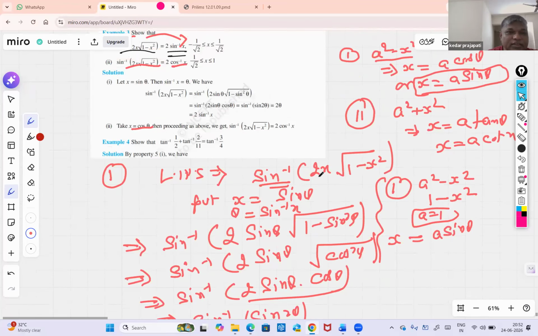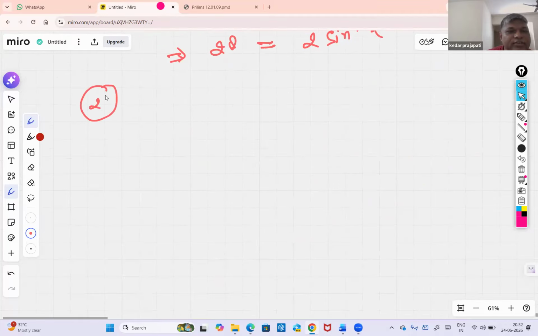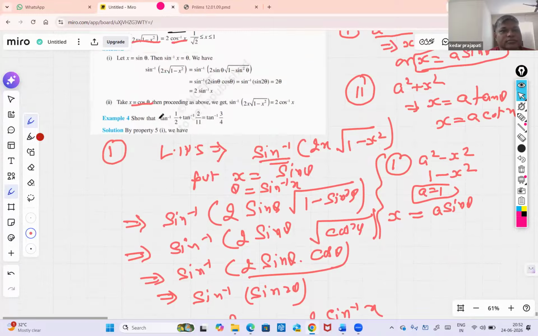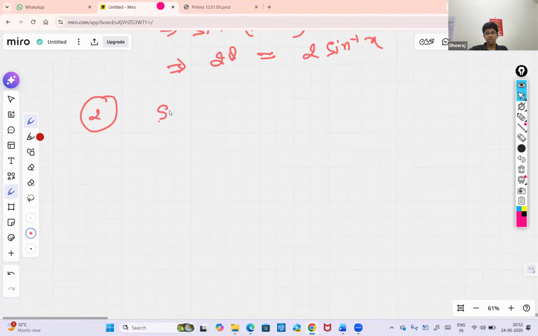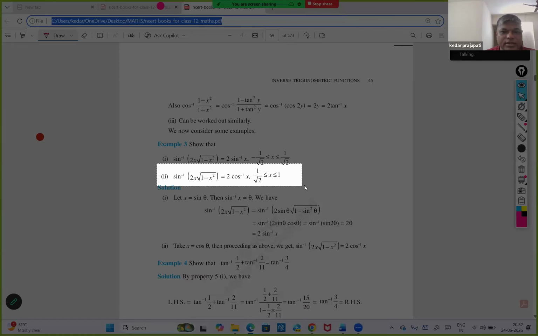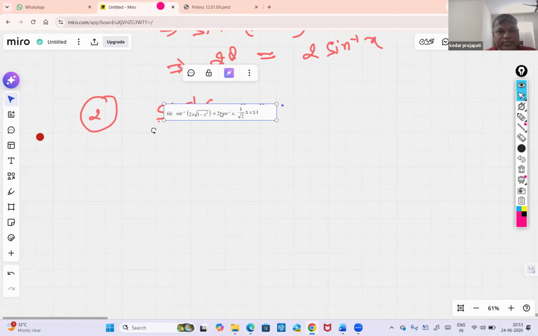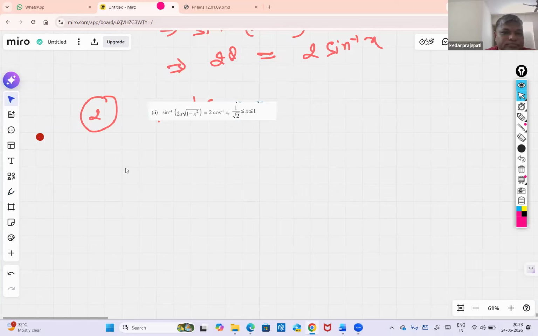So the LHS is the same: sine inverse of 2x root over 1 minus x square. This is our second one.